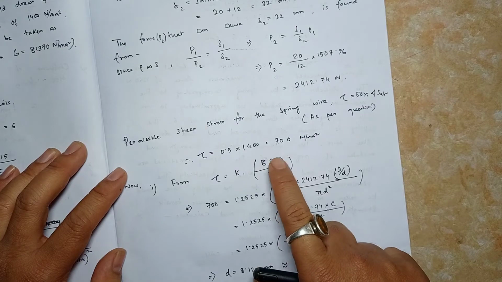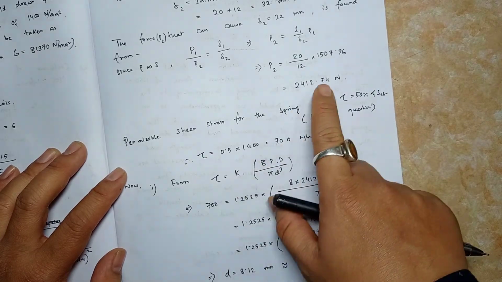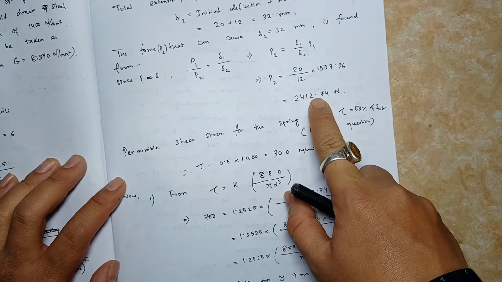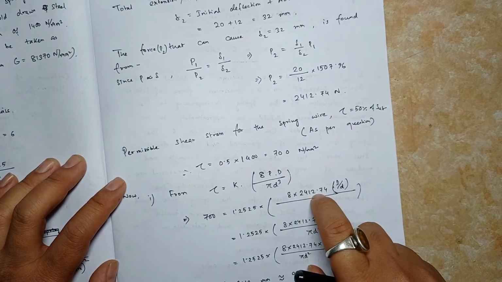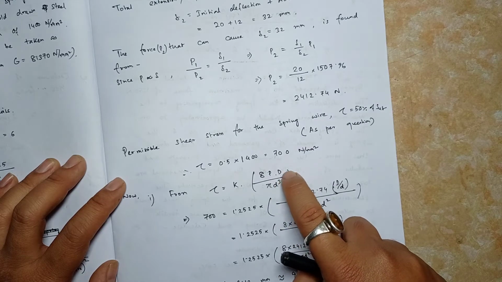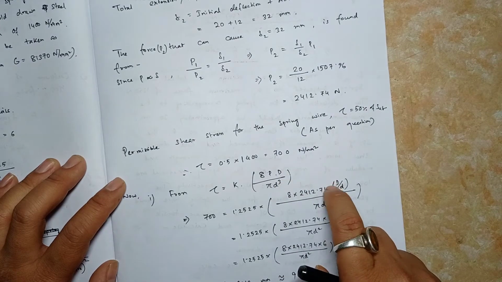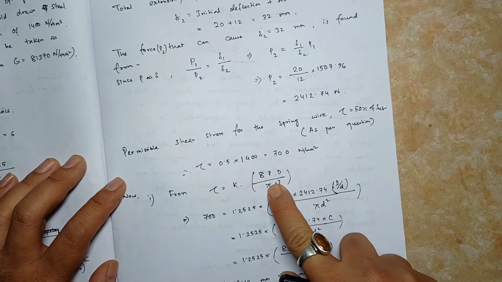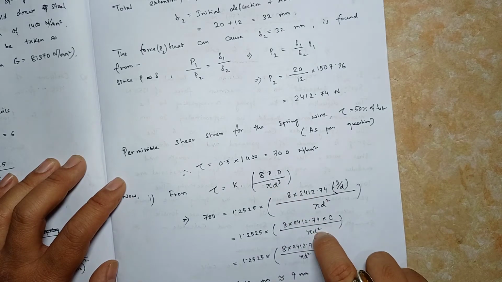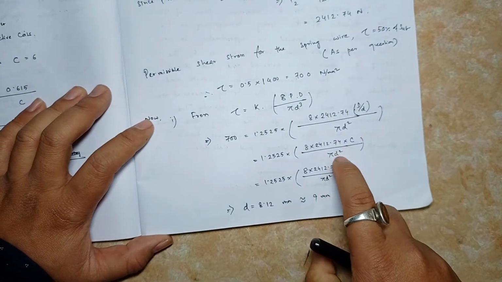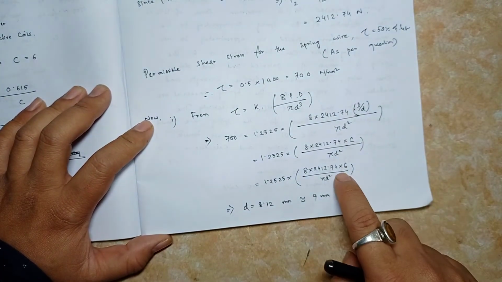This P is the maximum load, because we are designing a spring that can take this load, right? So we have to take the maximum amount of load, and we have taken one small d as a denominator to make the ratio D by d, so that we can write C here, and this was initially d cube, now it will become d square. Okay, simple. Now only d is unknown, C is 6, so we can put 6 there.